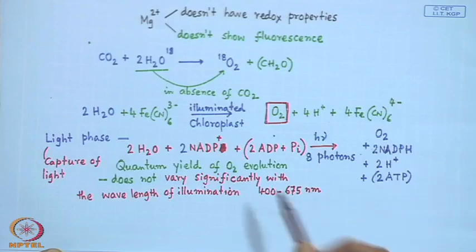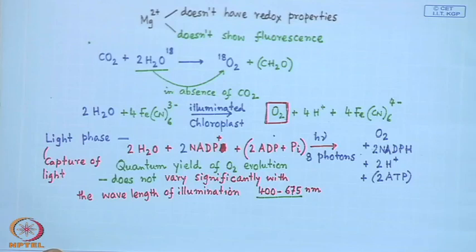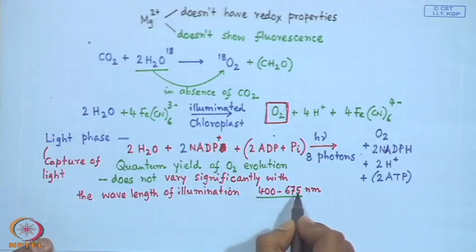So, this particular range is our useful range for O2 evolution, and your quantum yield is also not changing when you are restricting your excitation within this range, that means 400 to 675 nanometer. But what happens if we go above?